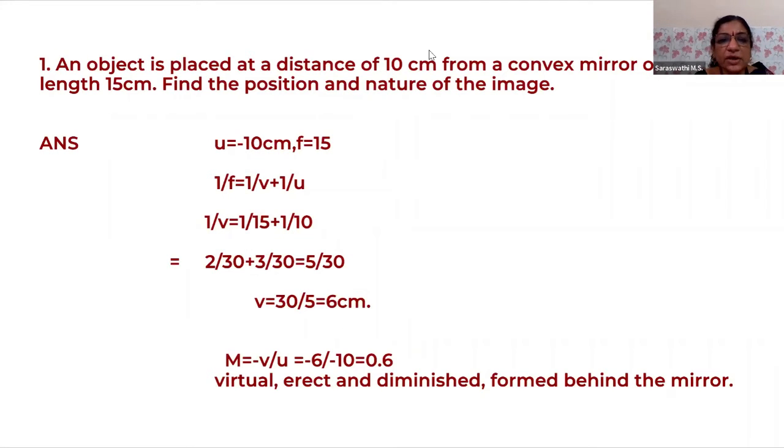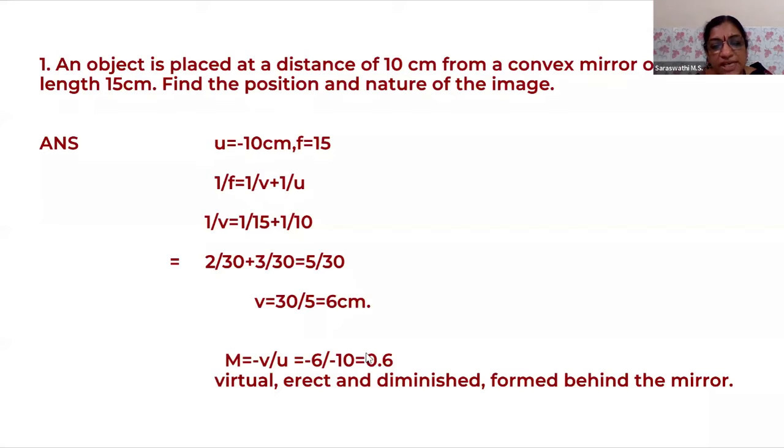Now they are asking you to find the position and nature of the image. So magnification is equal to minus v by u. Substitute the value: minus 6 by minus 10, which will give you 0.6. Now if magnification is less than 1, what is it?